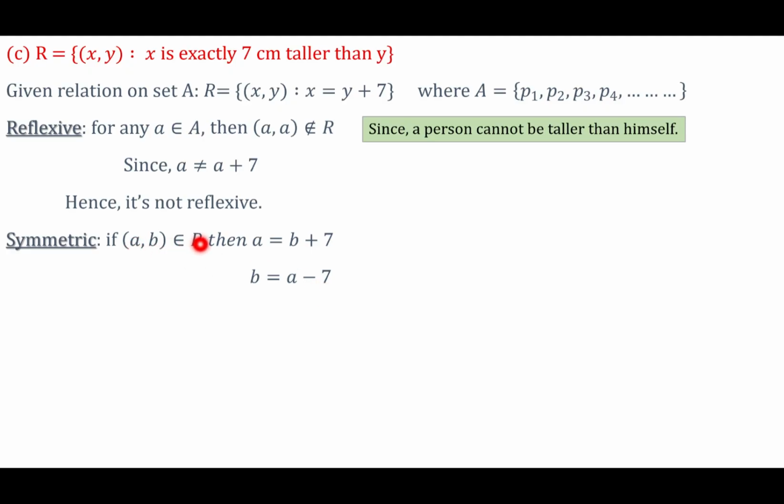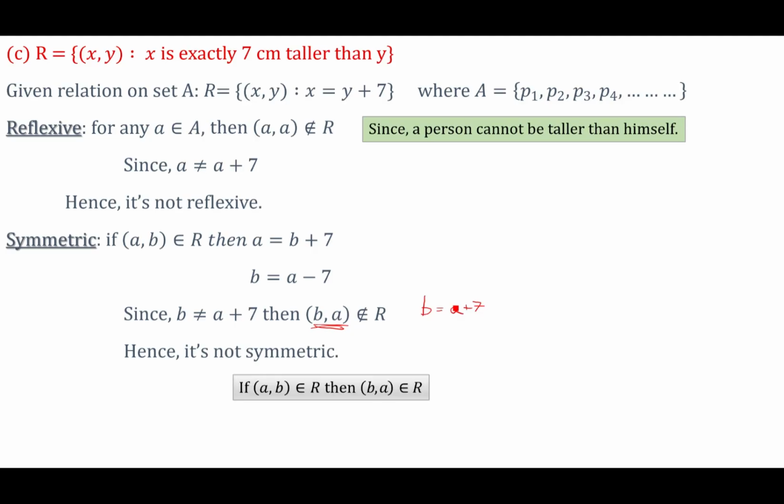Now, if (a, b) belongs to R, then for (b, a), since b is not equal to a plus 7, (b, a) doesn't belong to R. Because if I say (b, a) belongs to R, then b must be equal to a plus 7, which is not the case here. So it is not a symmetric relation.